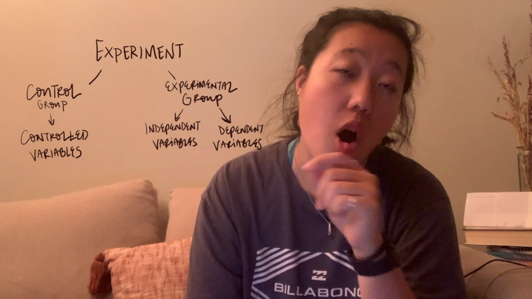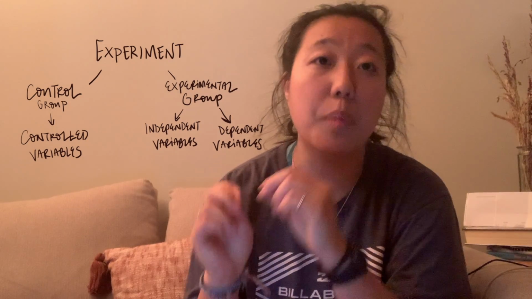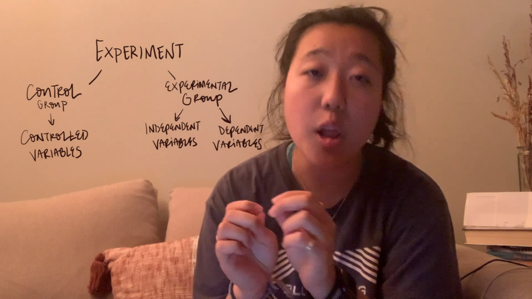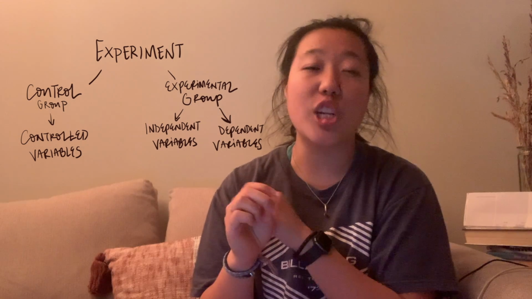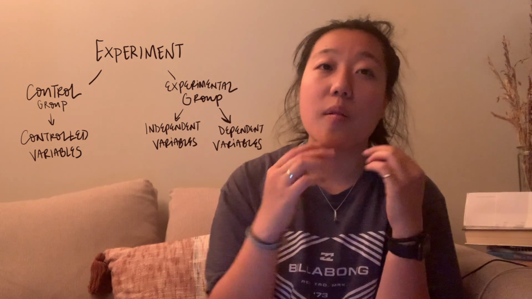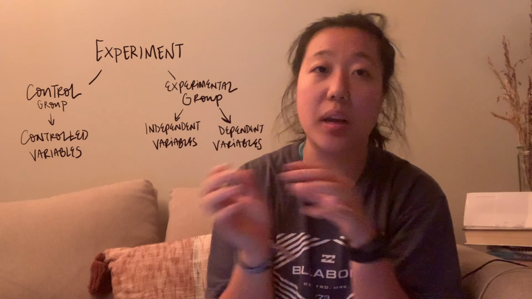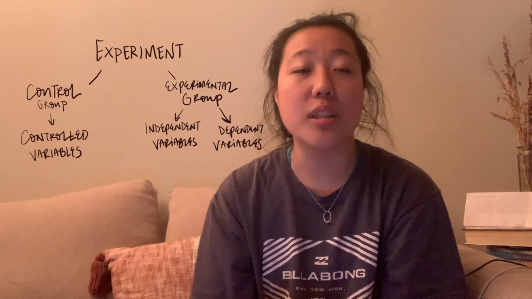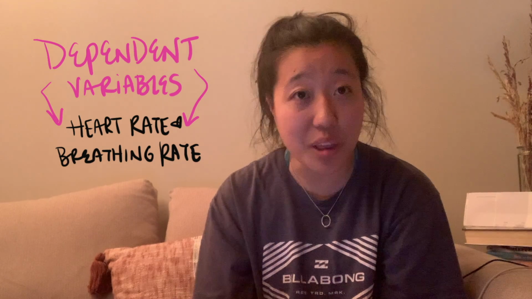Dependent variables are things that change in response to changing the independent variable. It's called the dependent variable because it changes only in relation to the independent variable. So it kind of depends on that. It's very self-explanatory. The dependent variable in our heart rate and breathing lab would have been our heart rate and breathing rate, right?